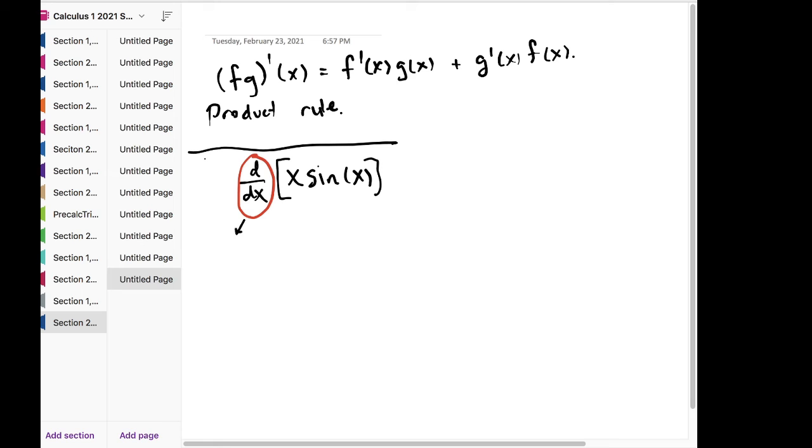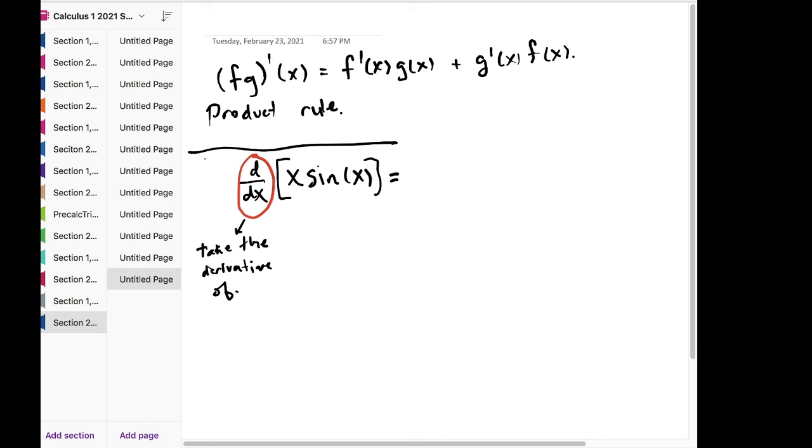So this means take the derivative of. So I just might write that instead of that whole sentence. Okay, so how do I find the derivative of this?